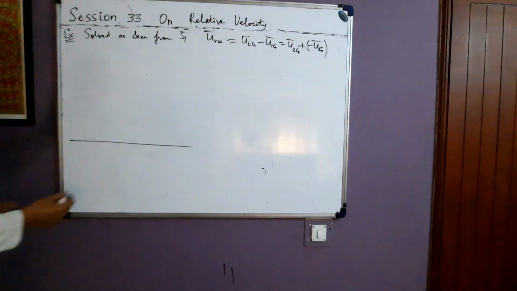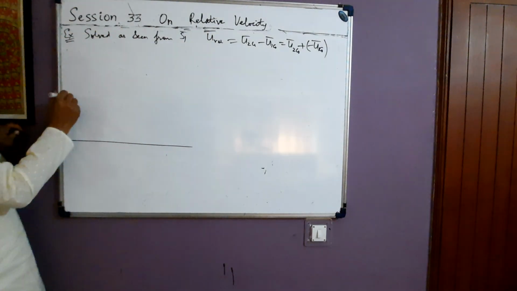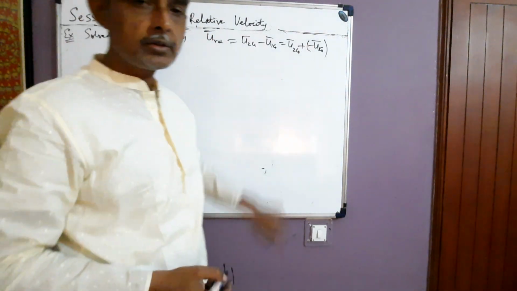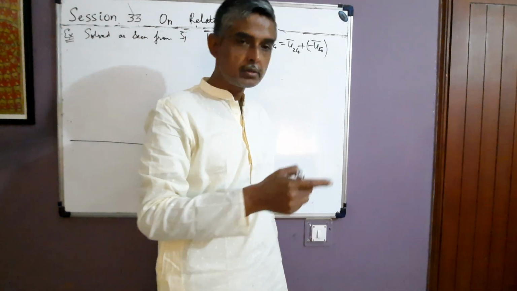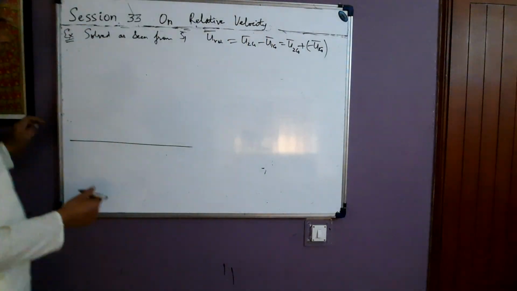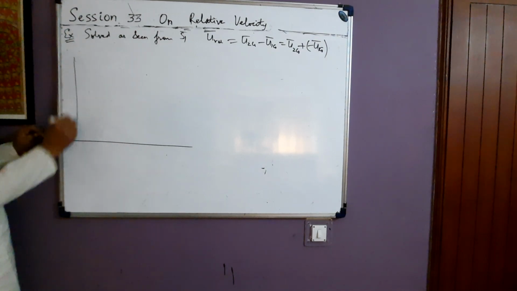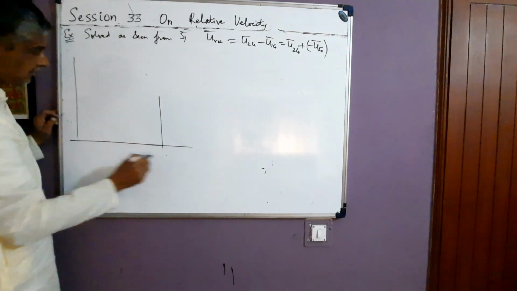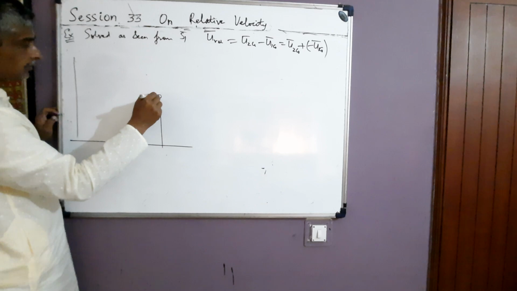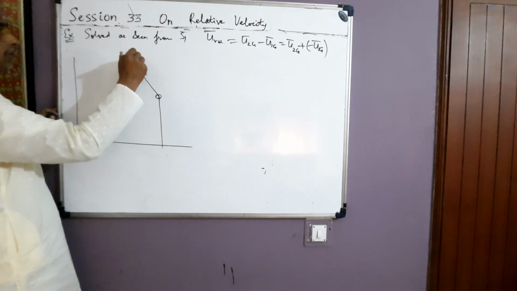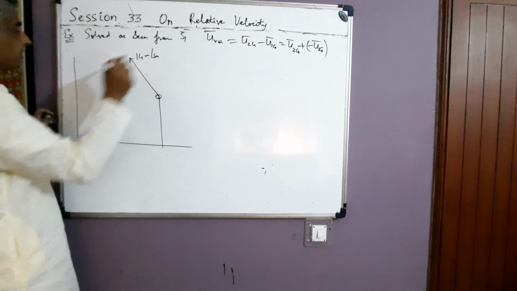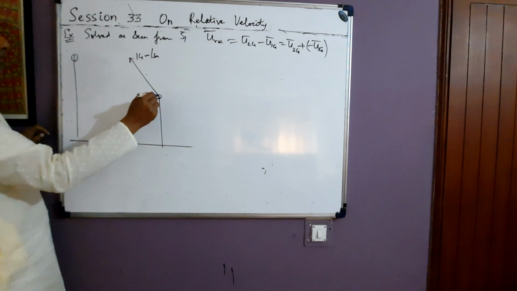Okay. So this is the initial relative velocity, and this is also the relative velocity at all other instants, because relative velocity is constant. So I'll draw the diagram here. From here, S2 has been fired at 14 meter per second at an angle of 45 degree.